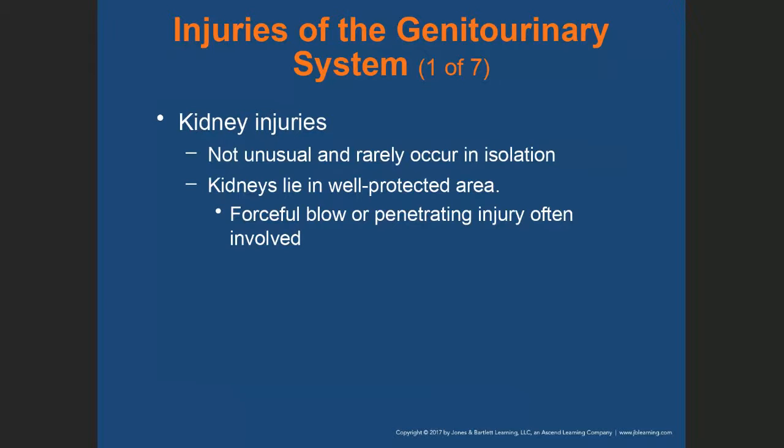Injuries of the genitourinary system. Kidney injuries are not unusual and rarely occur in isolation. Kidneys lie in a well-protected area, so a forceful blow or penetrating injury is often involved.